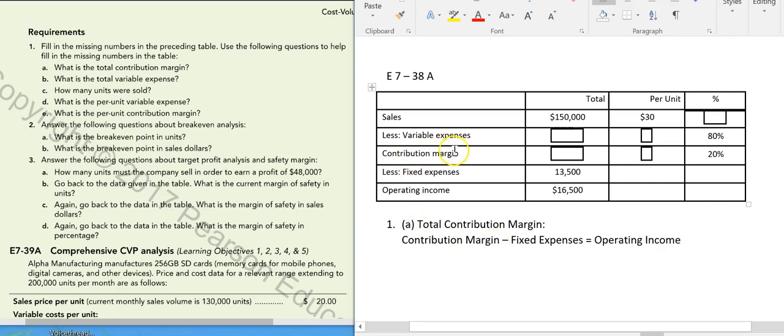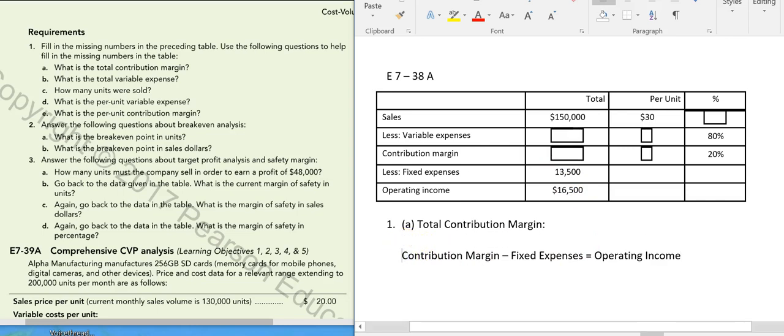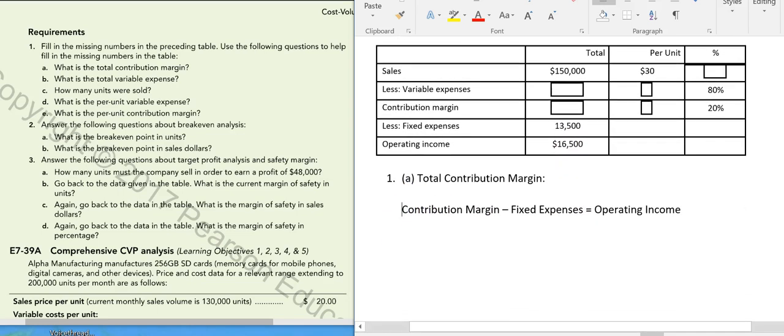We always do it: contribution margin, then we subtract our fixed expenses, and this is how we get our operating income.